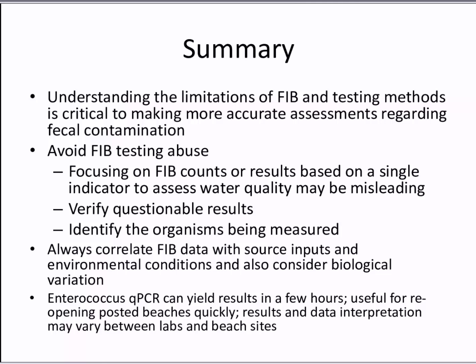Focus on FIB counts or results based on a single indicator will lead to further problems. It can be misleading. Verify questionable results. Identify the organisms being measured. Always correlate FIB data with source inputs and environmental conditions, and also consider biological variation.